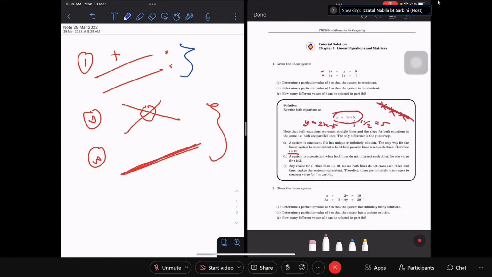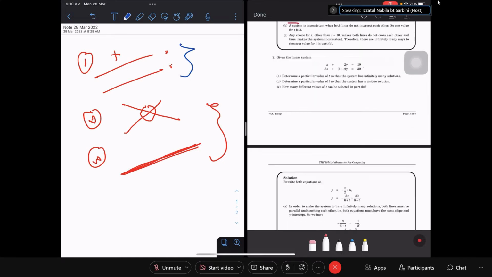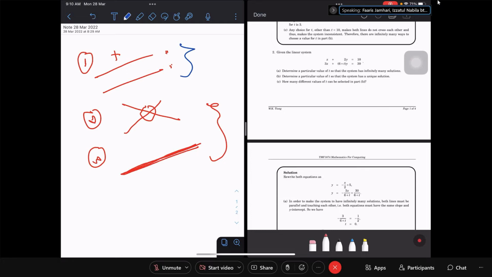Okay. So in part B, t can be anything. One of it, you can say t equals 3 or t equals 5, as long as it is other than t equals to 10. Alright. Understand question 1?